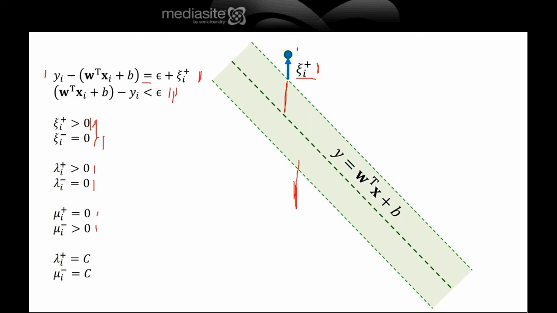Now, since we know that lambda I plus and mu I plus should add up to C, and mu I plus is 0, whence lambda I plus automatically becomes equal to C. Likewise, since lambda I minus is 0, and mu I minus and lambda I minus add up to C, mu I minus is equal to C.